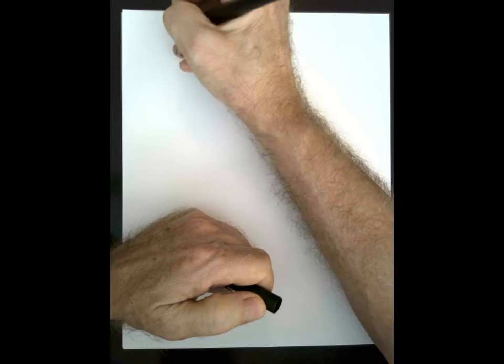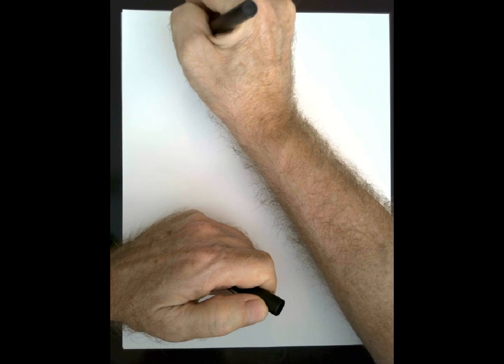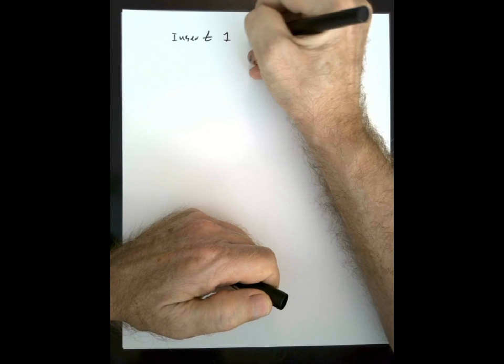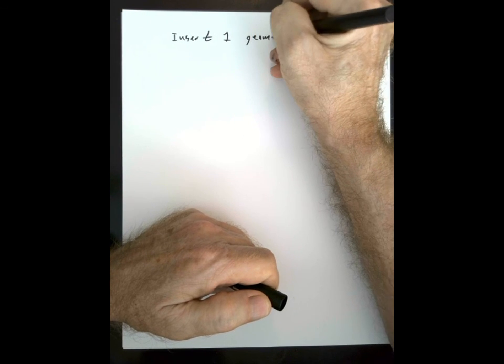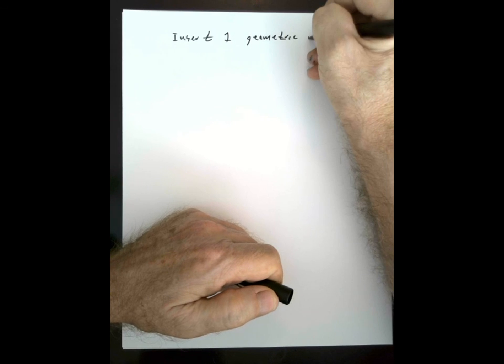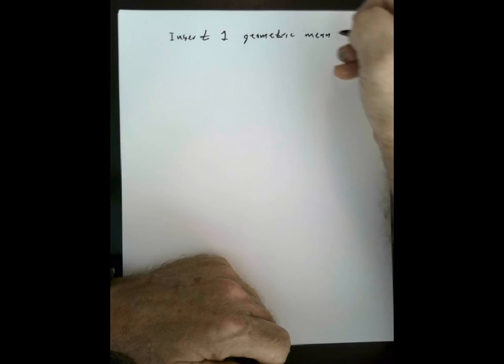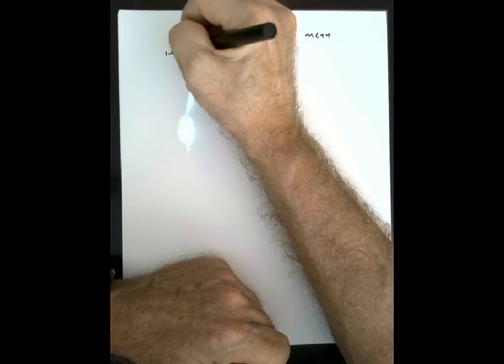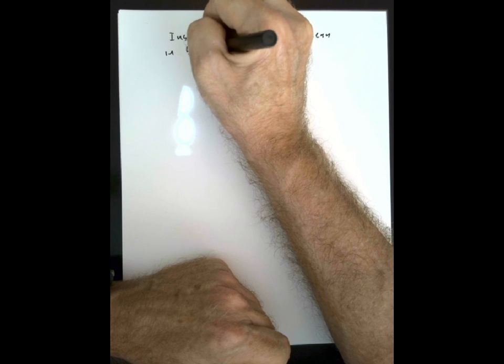All right, so let's say we wanted to find one geometric mean. So here's the problem. Insert one geometric mean in between 5 and 20.